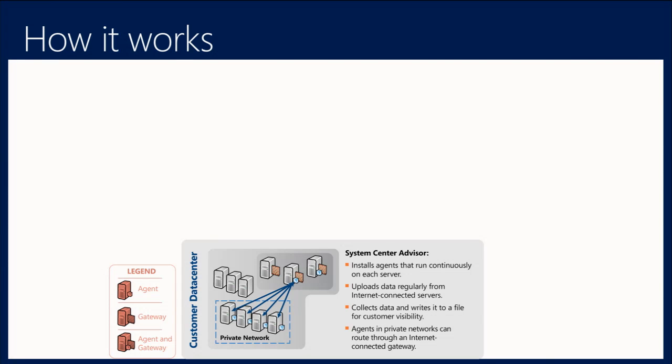There's an agent that goes on every machine that you want to monitor. So this is your Lync servers, your Exchange servers, your SharePoint servers. And then there's a gateway that needs to be on an internet-facing box. So this enables you to monitor machines that are on a private network. You can install the agents on boxes that don't have any internet access, but you do need to put the gateway on a machine that can talk to the Azure service.